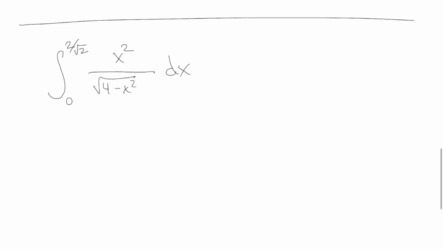That's weird. x squared over square root of 4 minus x squared dx. See what you think. You should use all the same tricks. Well, a lot of the same tricks at least. Talk to your friends about it if you like.